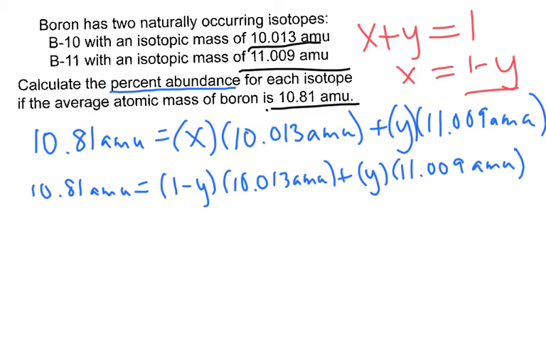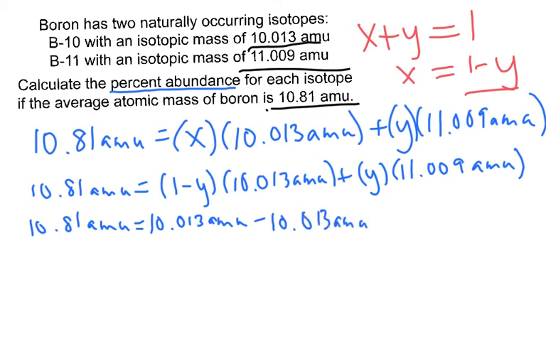So the next step is to distribute this 1 minus Y. So I'm going to rewrite this. 10.81 AMU is equal to 10.013 AMU minus 10.013 AMU times Y plus 11.009 AMU times Y. So we're going to collect the like terms.